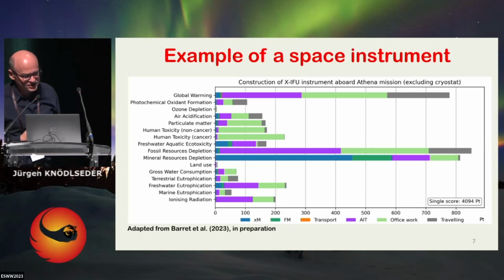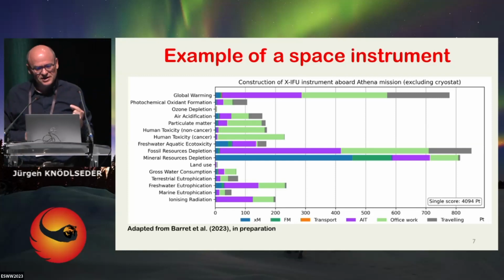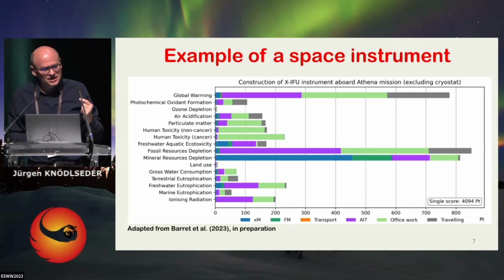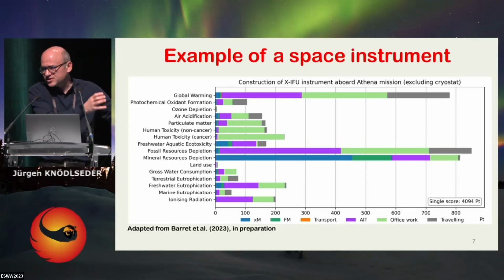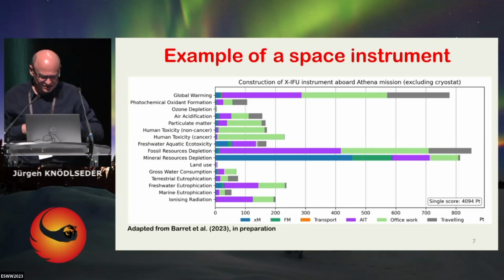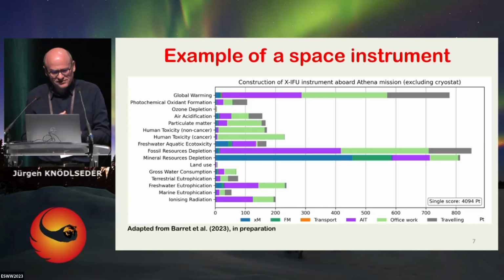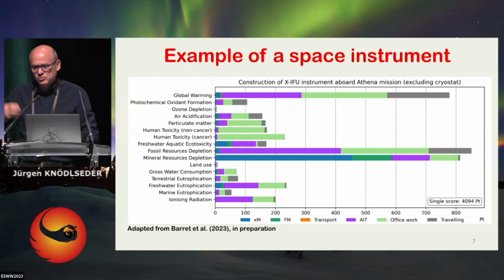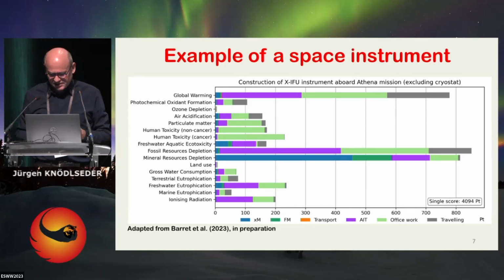The biggest bars are on global warming and on resource depletion. And very interesting, when you build a space instrument, the mass of the space instrument is very small. It's a few hundred kilograms, maybe a ton if it's really a big thing. But the weight of the stuff you're building is in fact extremely small compared to when you build, for example, a ground-based telescope.